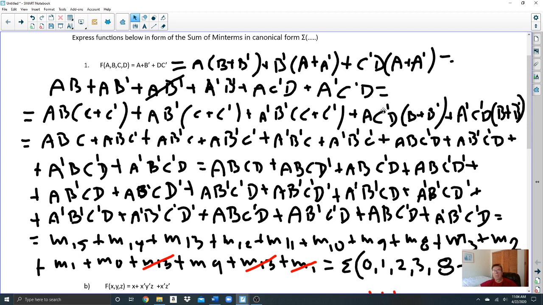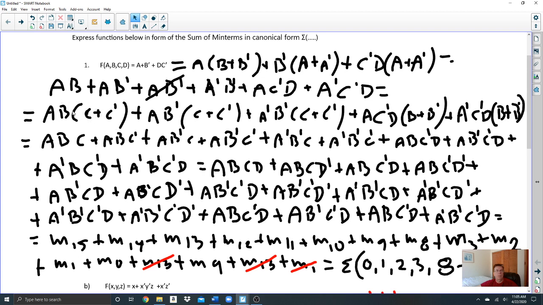A c prime d is expanded right here into the missing variable b. Now let's go to line number 3, line number 4. So ABC right here plus ABC prime.